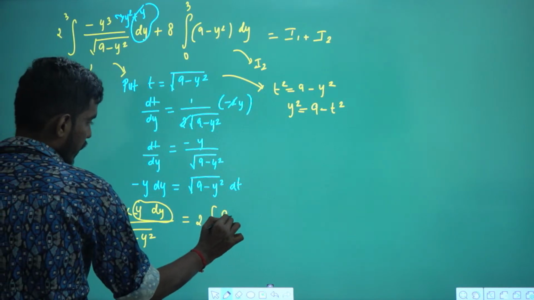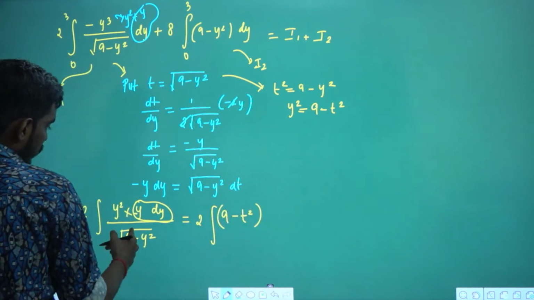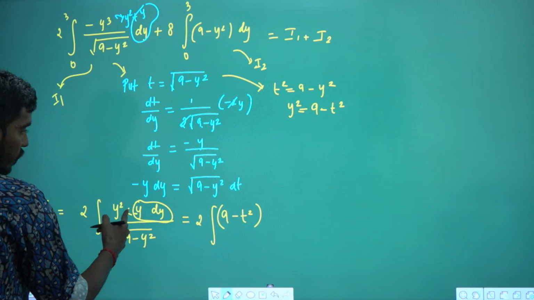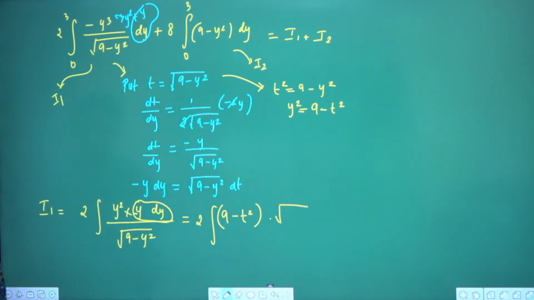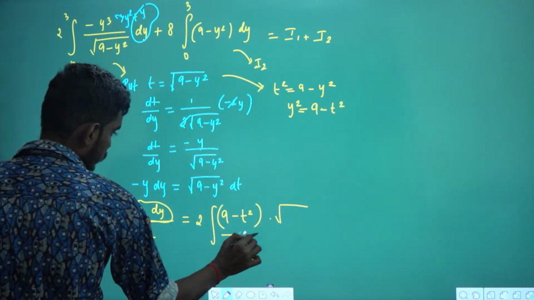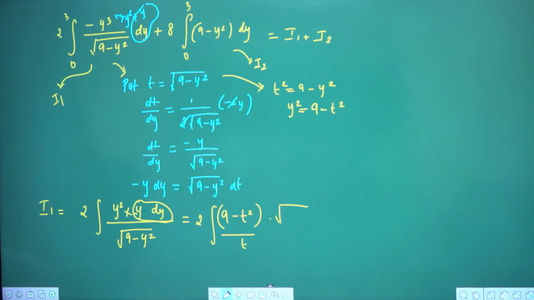So y square is 9 minus t square, right? Minus y dy is root of dt by dy, right? So this is t, this is t, and what about minus y dy? It is root of 9 minus y square.